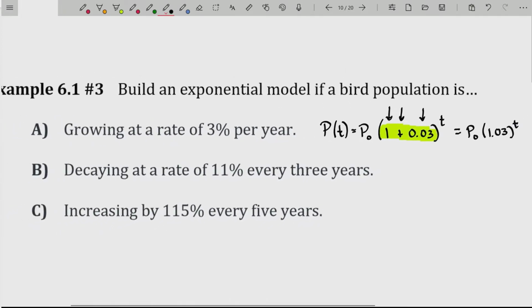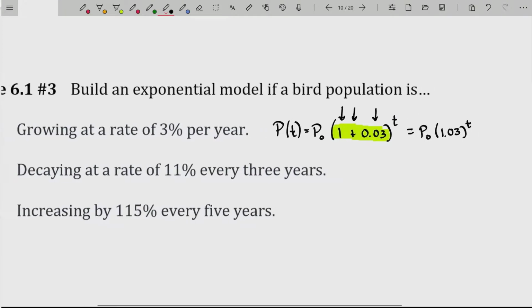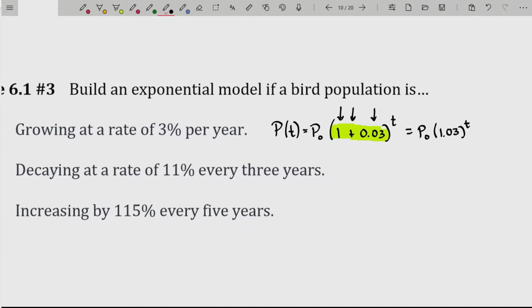All right, let's go ahead and try the second one. We have a bird population that's decaying at a rate of 11%, and that's every 3 years. So you have a population of birds, started off at some initial value, and it's decaying at 11%, and that's every 3 years.